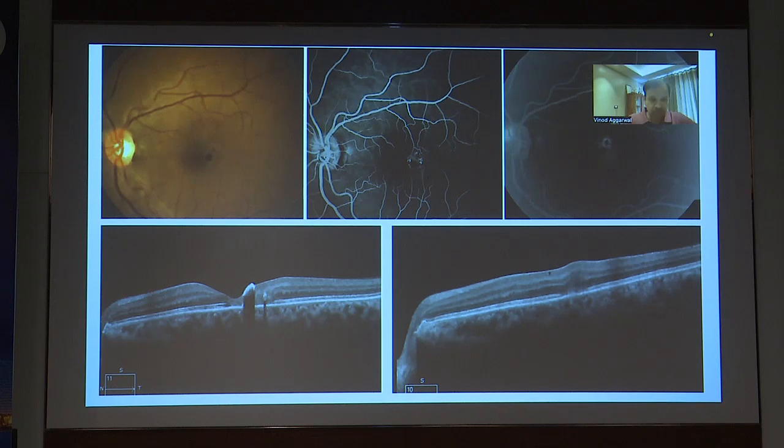Now on OCT, you can see the pigment plaque causing shadowing underneath on your left side, while the scan through the supratemporal grayish lesion does show some amount of thickening overlying it.